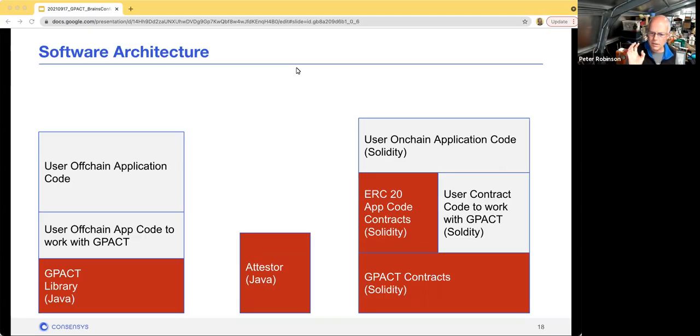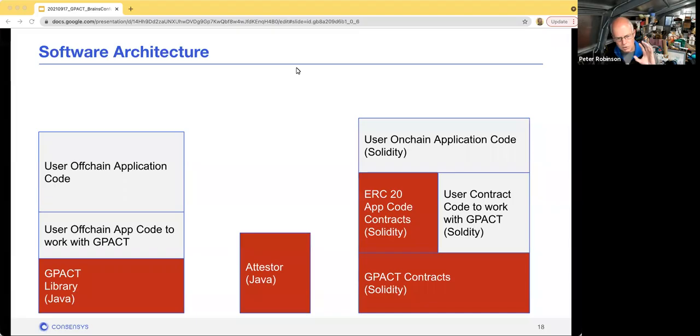Then you've got the attester. The attester is a node on the network that helps to do that direct signing methodology. Equally, you could have a relayer or some other thing, depending on the actual approach being used.